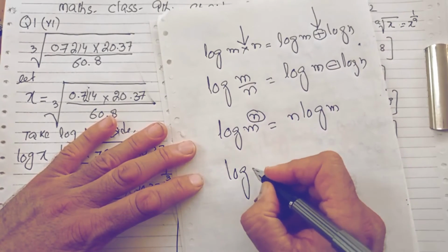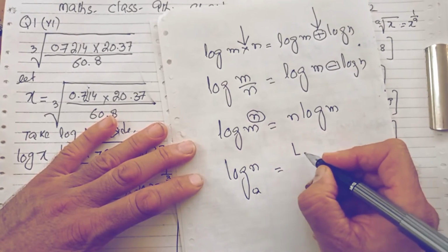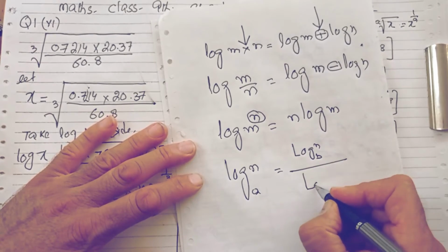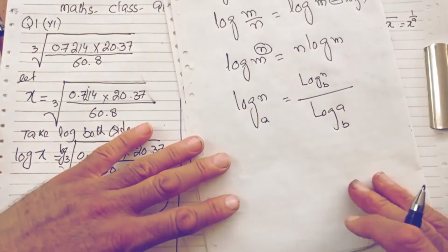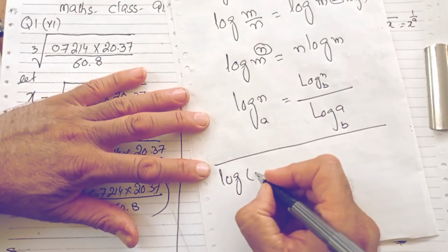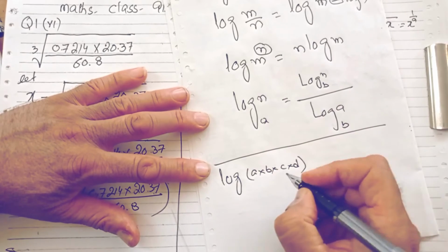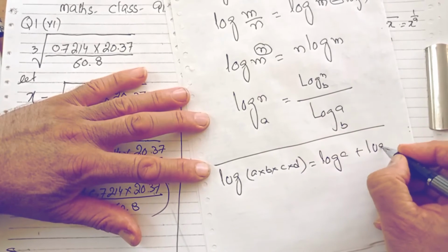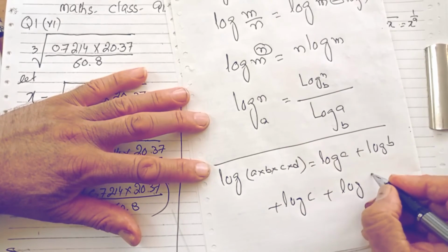When there is log a to the base b, you can write it like this, log b over log a. Once there is log of a into b into c into d, they are multiplying with each other, so there will be log a plus log b plus log c plus log d.